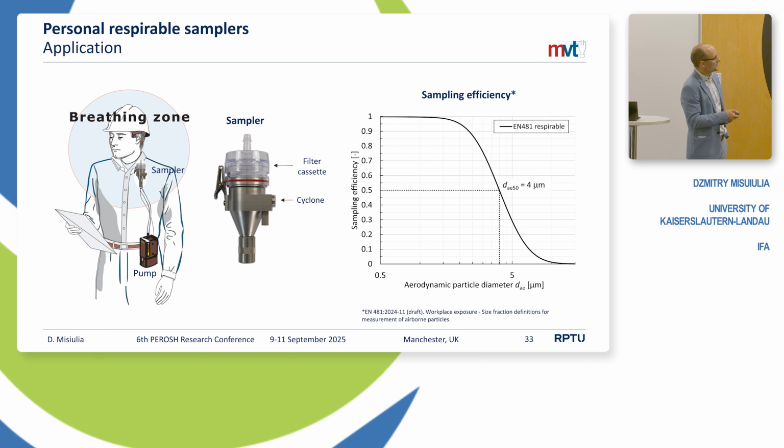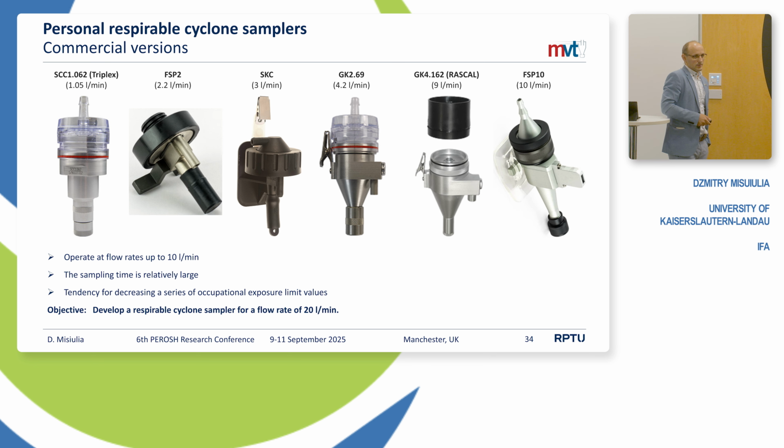According to the respirable convention determined by EN 481, all respirable samplers should provide the following sampling efficiency curve with a cut size of 4 micrometers aerodynamic diameter. Nowadays there is a wide range of samplers available on the market, and they all operate at a flow rate from 1 up to 10 liters per minute.